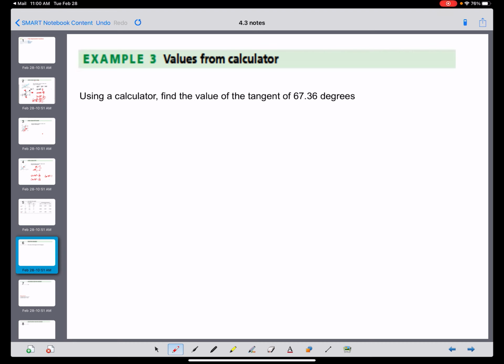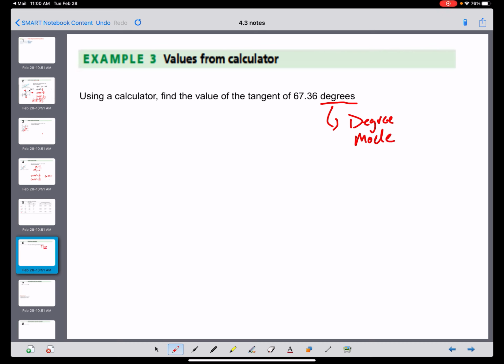In your calculator, it should say mode. And then if you scroll down some, you should see a choice between degrees and radians. Because we're talking about degrees here, you need to make sure that you're in degree mode, right? You have your mode set to degree.